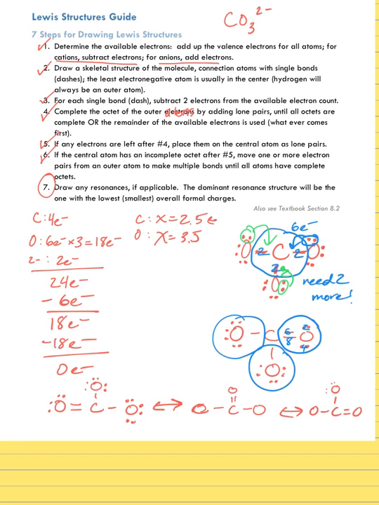But what I want you to see is that in these 3 structures, they're sort of the same, except that whichever oxygen has the double bond moves. And so the reality is that electrons move, right?